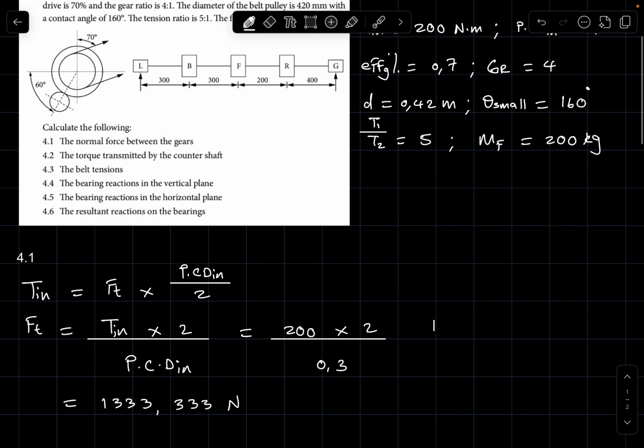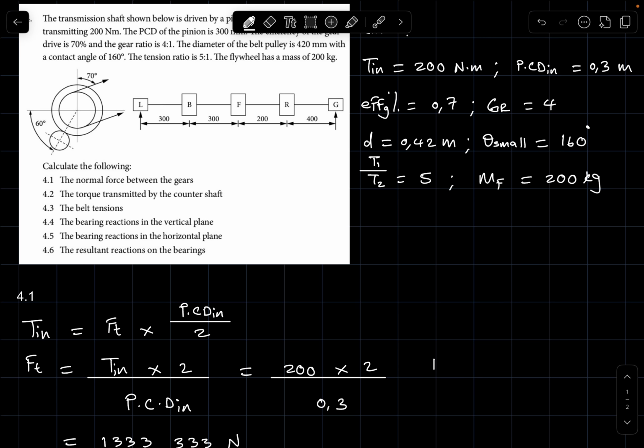For 4.2, they want us to calculate the torque transmitted by the counter shaft. Counter shaft, transmission shaft, line shaft, same thing. So when they want you to calculate the torque transmitted by the counter shaft, they want us to essentially calculate the torque being transmitted by the line shaft, which means calculating the output torque.